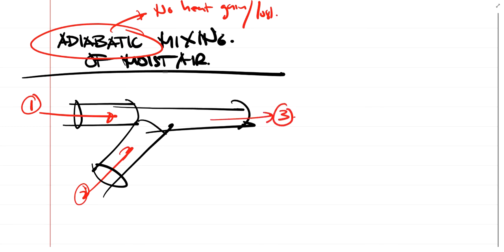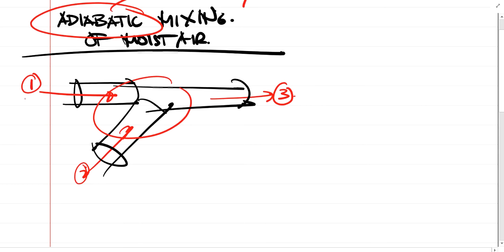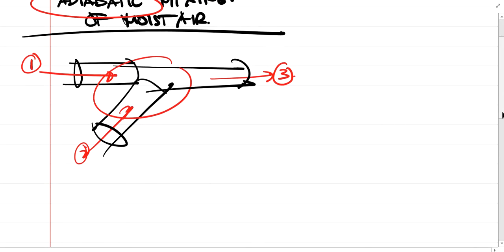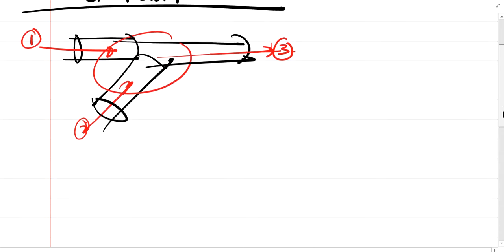Somehow there's going to be mixing of the air at point 1 and the air at point 2. They could have different properties. The airstream at 1 will have different properties from the airstream at 2, and at the end, what will be the properties right here after the mixing?